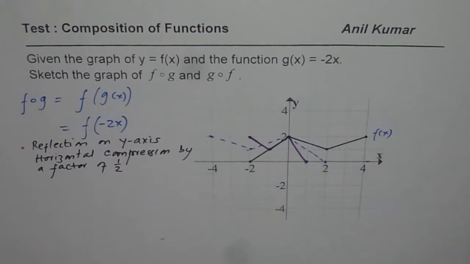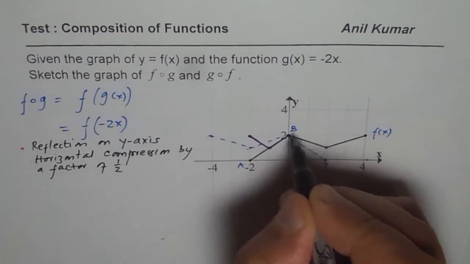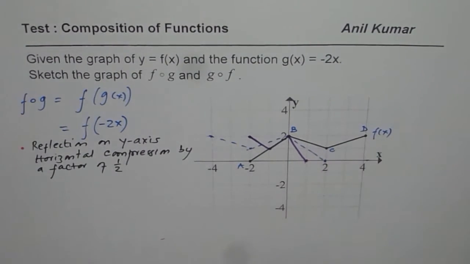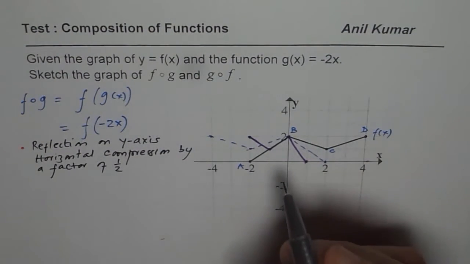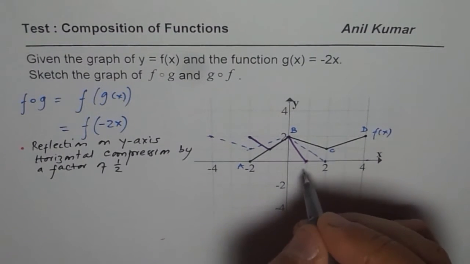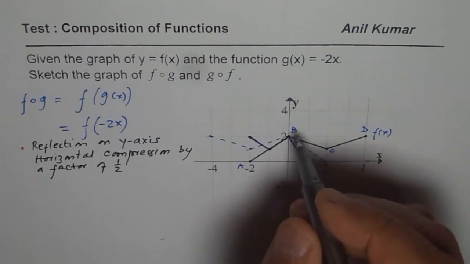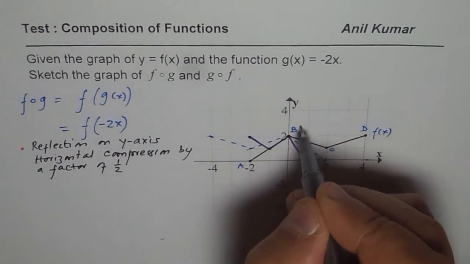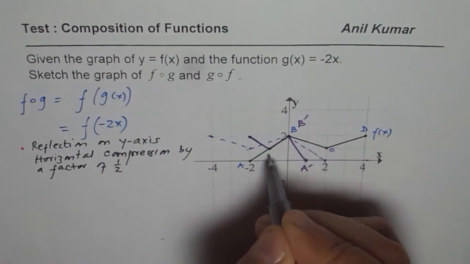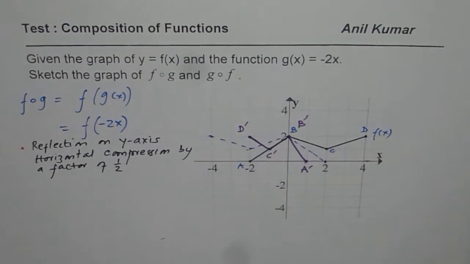Let's say the original points for us were A, B, C, and D. Then the reflected points for us will be, so the A point moved to the right side. So we have this as A dash, and B dash remains the same. So B dash, C dash, and D dash, right? So that becomes the graph for f of g.